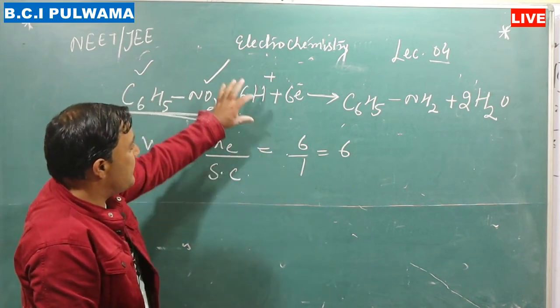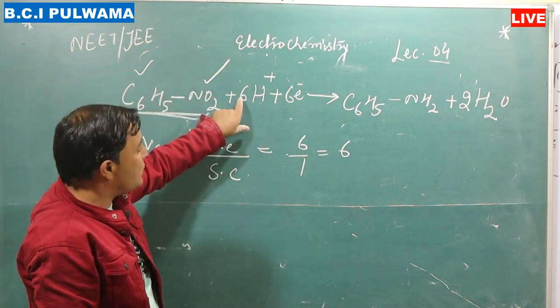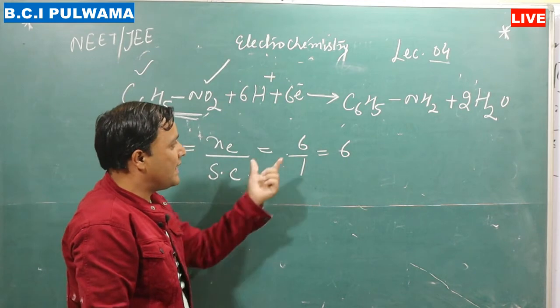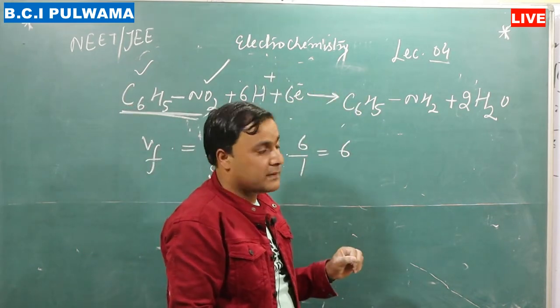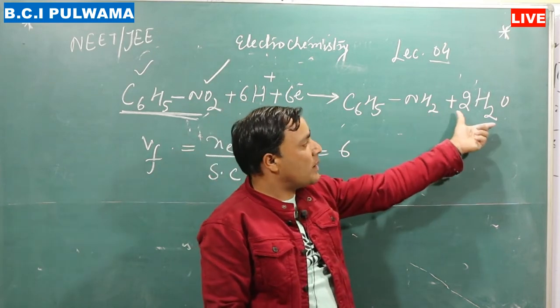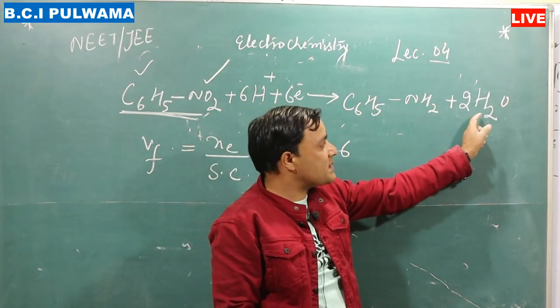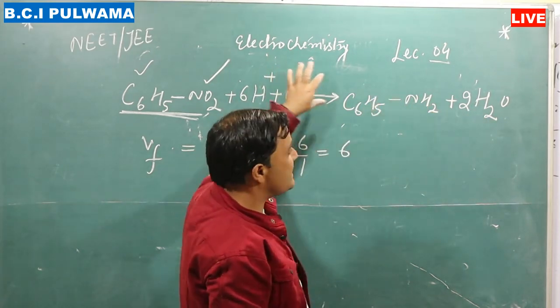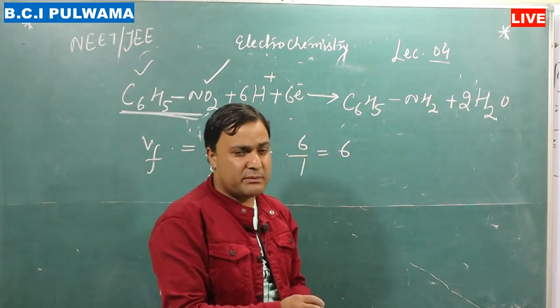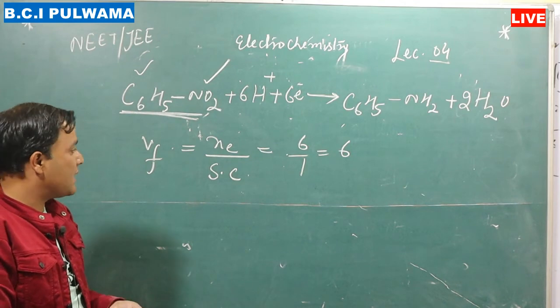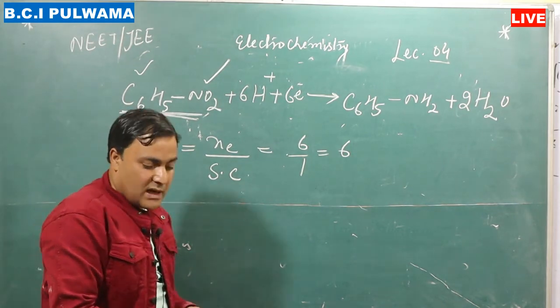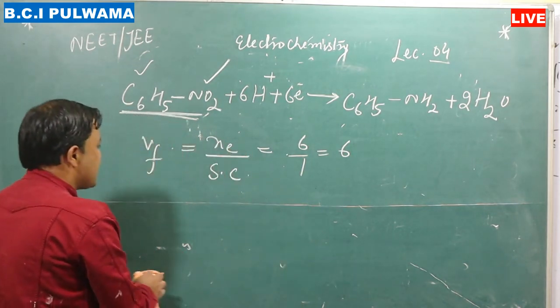Valency factor of H positive ions will be 6 by 6, that's equal to 1. Valency factor of aniline will be 6 by 1, that's equal to 6. And valency factor of water is 6 divided by 2, that's equal to 3. So the valency factor of nitrobenzene is equal to 6.